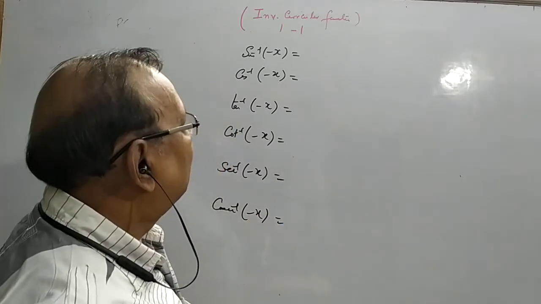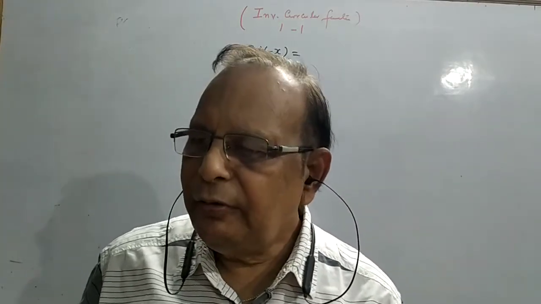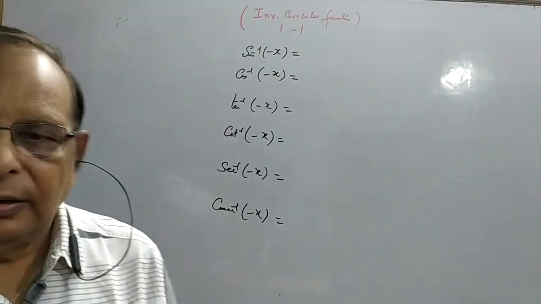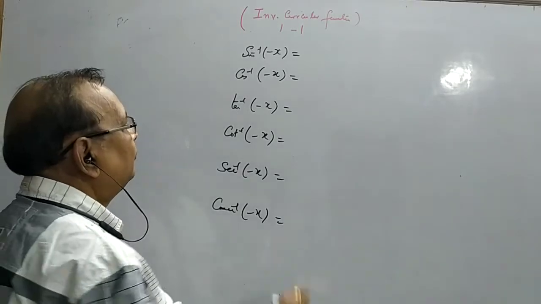Now, in 3 trigonometrical ratios, only a minus will be there. For the remaining 3, the minus will be there, but pi will be added.